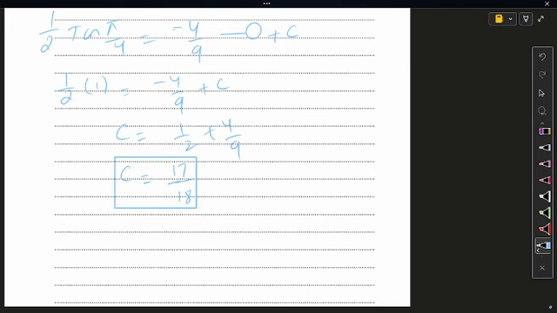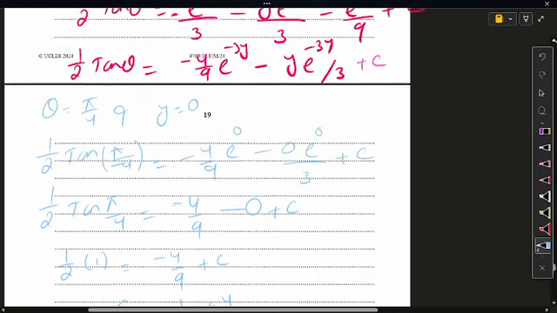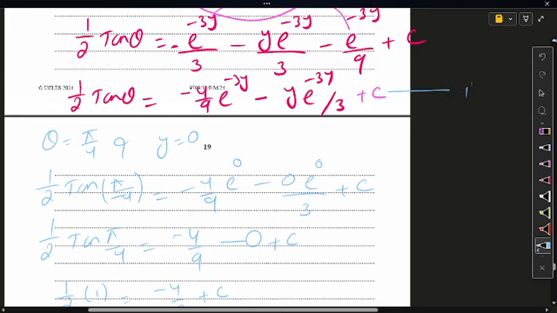Just go back to the main equation and put back the value of c. What was the main equation? The main equation was that one, marked as equation number 1.